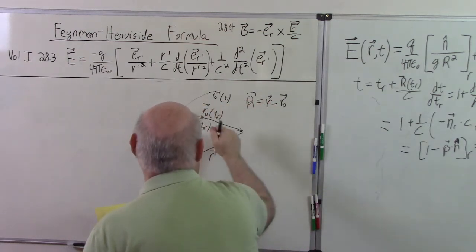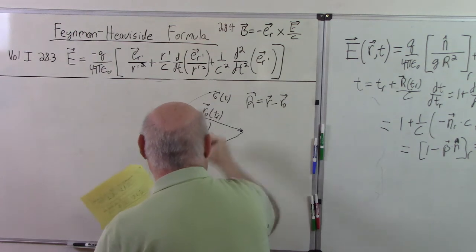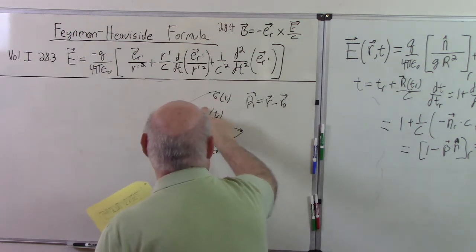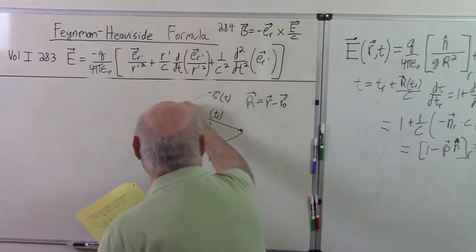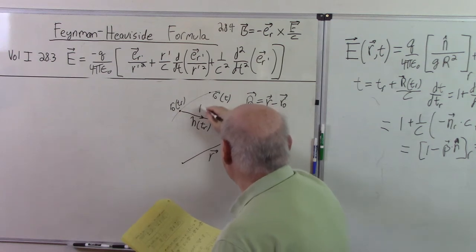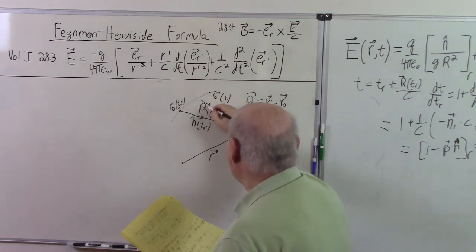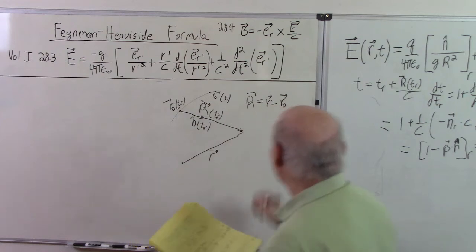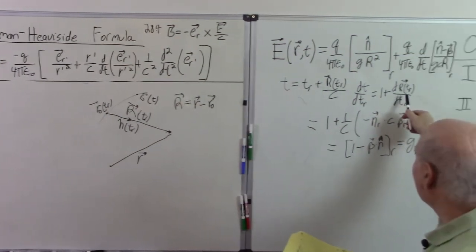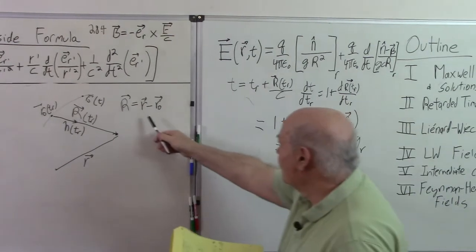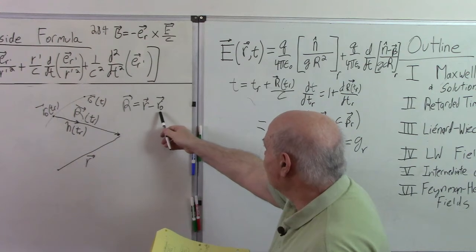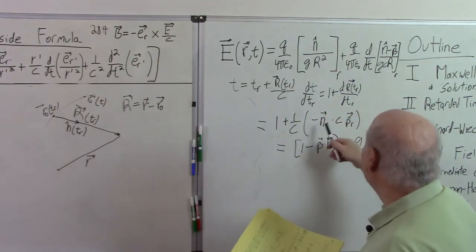So if we want to take the derivative of R, r has no dependence, and it's just minus the derivative of R0 with respect to t_r.